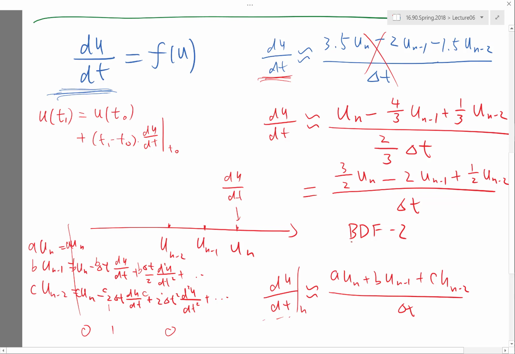It's called the backward difference formula 2 because one, it's second order, and two, it involves two previous time step solutions, right? And there are other things like BDF3 and things like that. All right. So schemes like this are called multi-step schemes because they involve multiple steps, as opposed to, let's say, backward Euler or forward Euler, which are single step schemes. Okay.